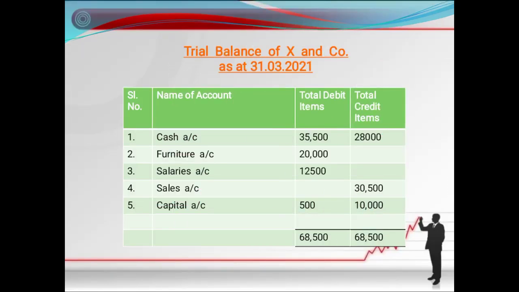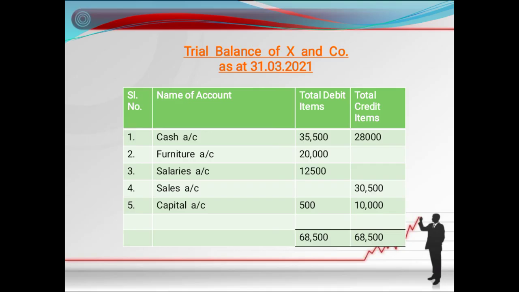Now, we will write the names of all these accounts, that is cash account, furniture account, salaries account, sales account, capital account. We will write the totals, that is the total of the debit. Now the cash account has a debit balance, right? So we'll take the total from the debit side. We'll write the total of cash from the debit side and the total of cash from the credit side.